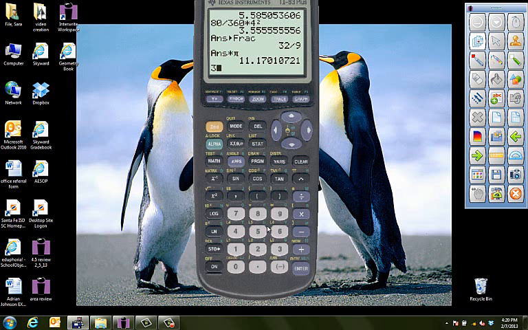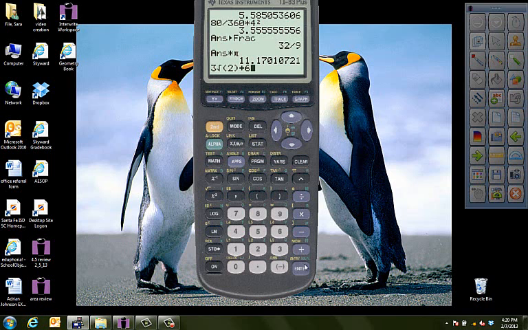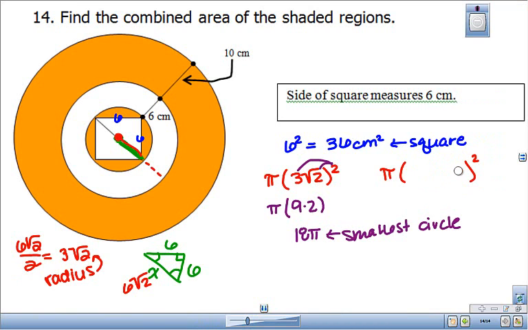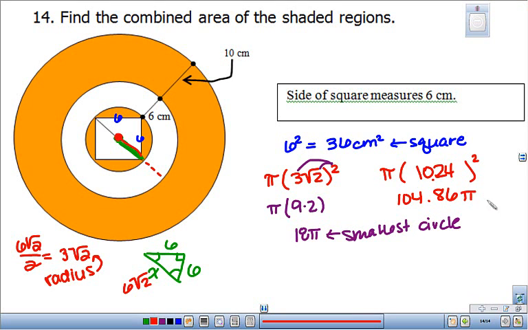So 3 square root of 2, close the parenthesis, plus 6 is approximately 10.24. So 10.24 squared is going to give you 104.86, and we still have pi. And that's the medium circle.